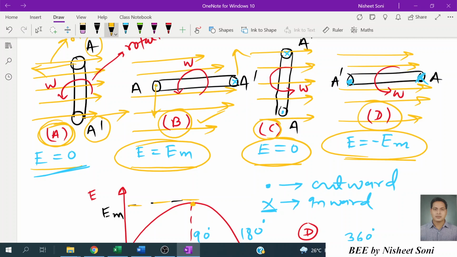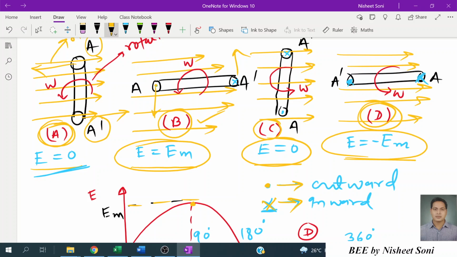Now, something can be observed from this figure: at condition B, the direction of EMF induced in the conductor A is outward. If you put a dot here, then the direction of EMF is outward. Whereas in condition D, the direction of EMF induced in the conductor A is inward.